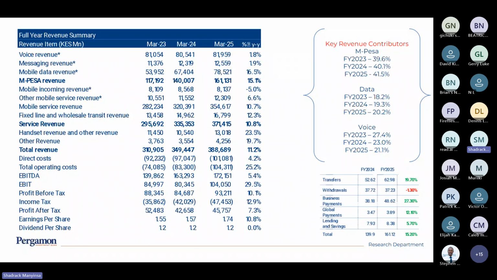Part of this was majorly because of business payments. Lipa na M-Pesa, or payments through M-Pesa, continue to gain traction across the economy, especially locally. That will continue to drive revenues for Safaricom, even beyond, even for Ethiopia.